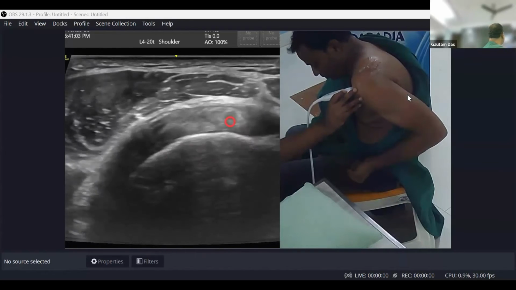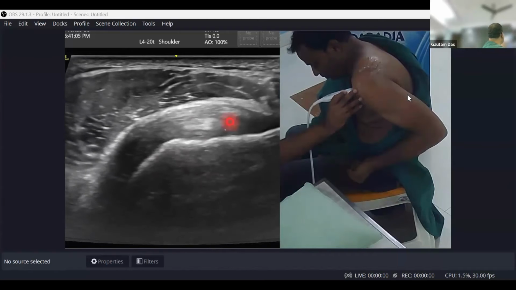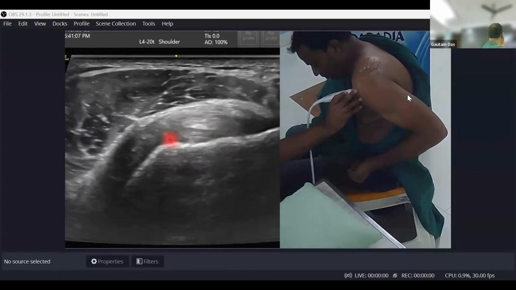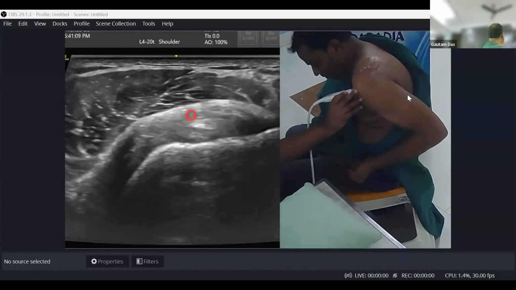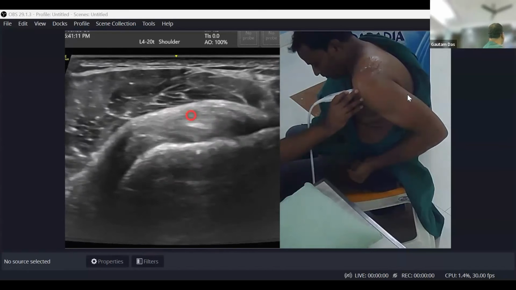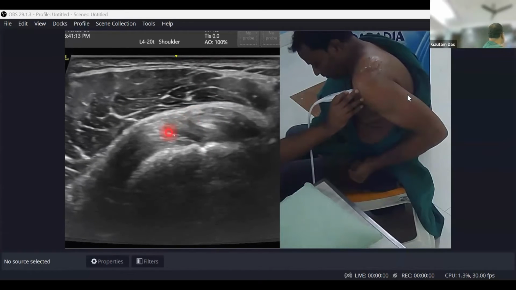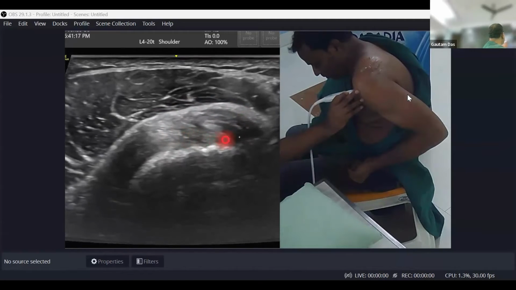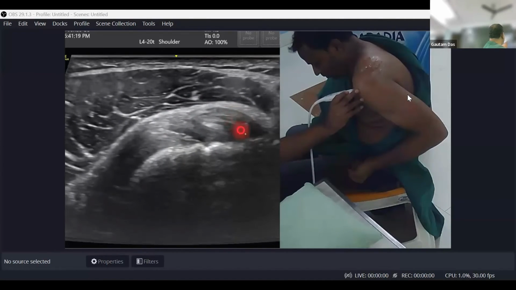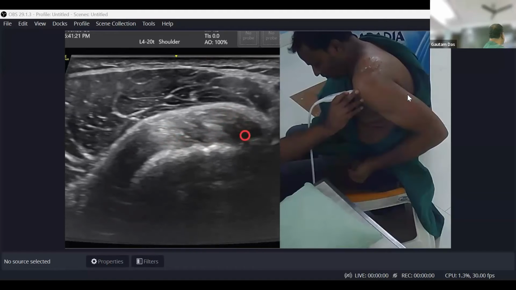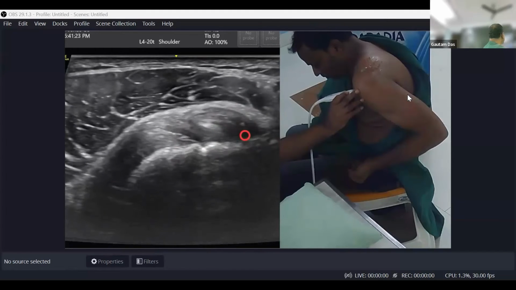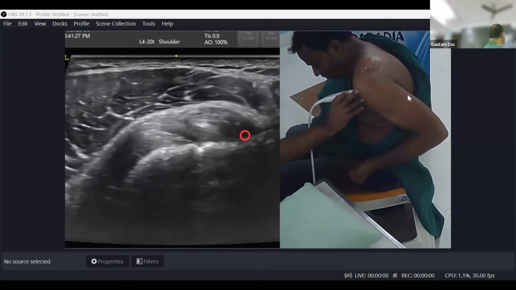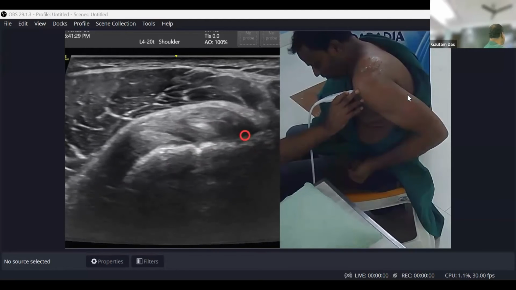So now if I am coming down, I can see the bicipital tendon. The roof, as I was telling you, is formed by the coracohumeral ligament. And on either side of the bicipital tendon is the superior glenohumeral ligament.